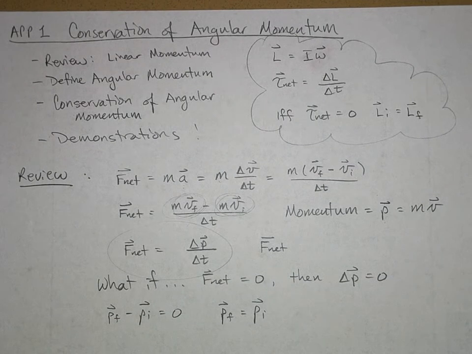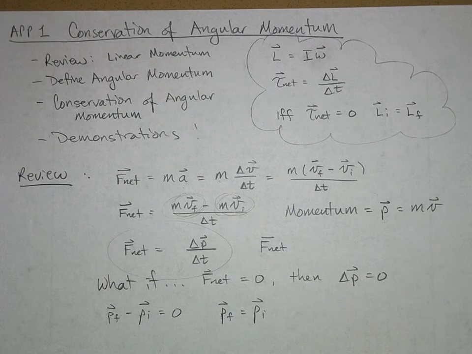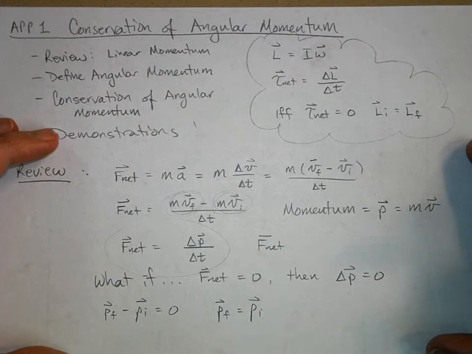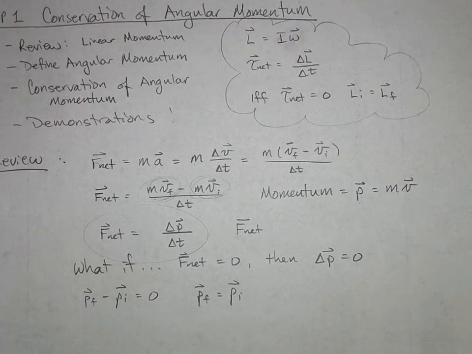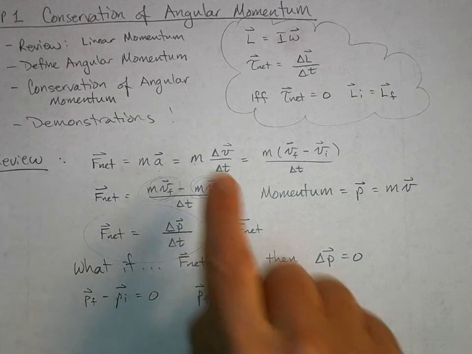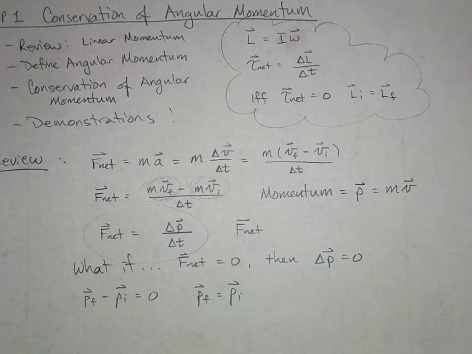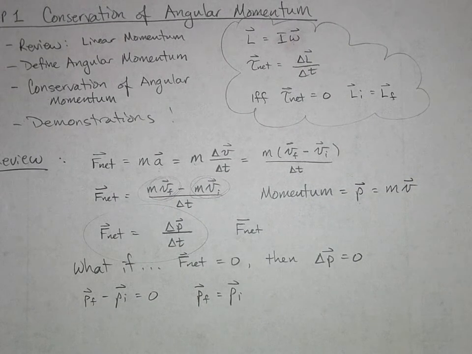Okay, well, now we're going to do an almost identical thing. We can take these notes that we just wrote up here and just substitute variables. Instead of m, I'm going to use iota, or I, for rotational inertia. Instead of a, I'm going to use alpha for angular acceleration, and we're going to go through the same set of logical steps.